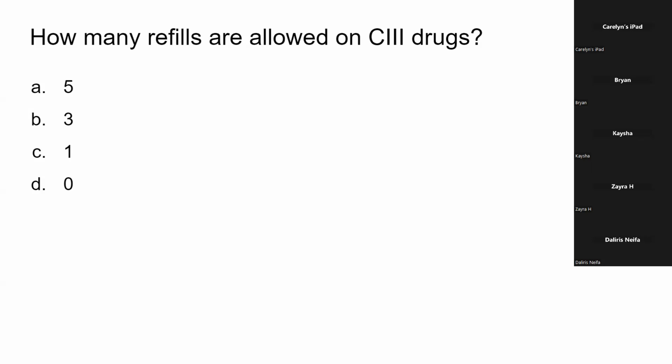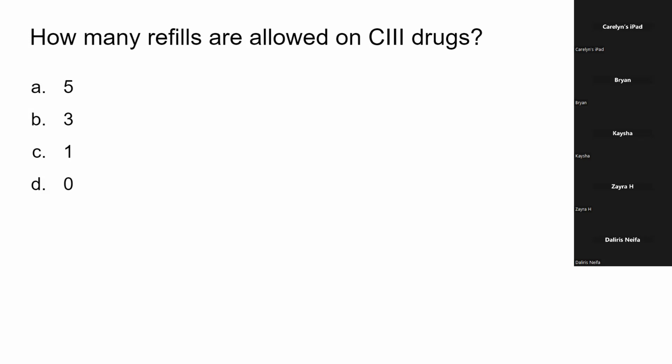So, how many refills are allowed for C2s? 0, correct. So then how many refills would be allowed for C3s? I wish it were 1, but it's not. It's 5. Maximum of 5. In certain places, like Mass law, you can only have a 30-day supply at a time for C3 drugs, but you can refill that same prescription up to 5 times, or within 6 months of when the prescription was written.